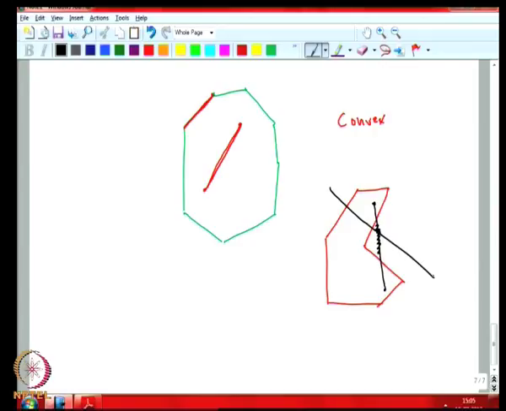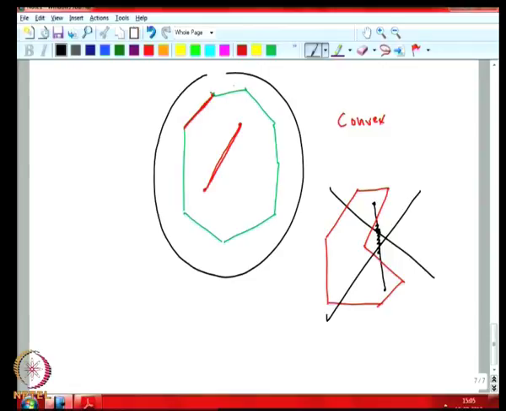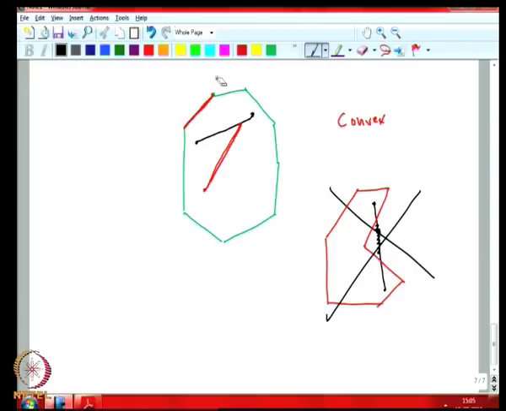So therefore this is not convex, but this kind of polygons are convex here, right. See, whichever 2 points I take inside and draw a line between them, that will be fully inside. So that's what is convex. I thought you will be familiar with this concept from geometry.